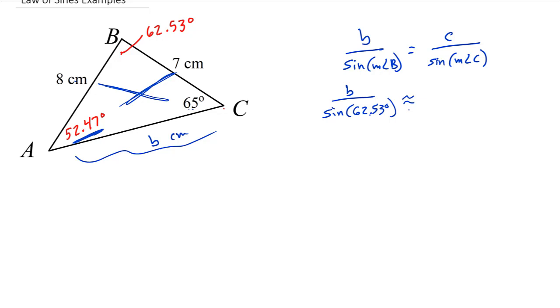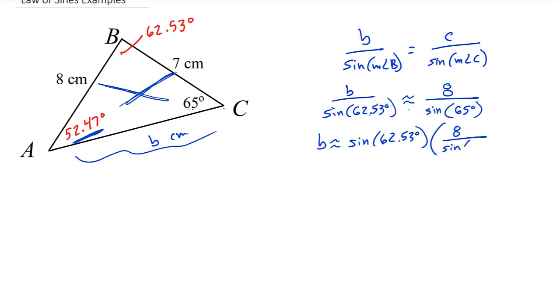The length C is 8 centimeters, and the sine of the measure of angle C, 65 degrees. So then the value of B, we just multiply by the sine of 62.53 degrees, so times the value of that ratio.